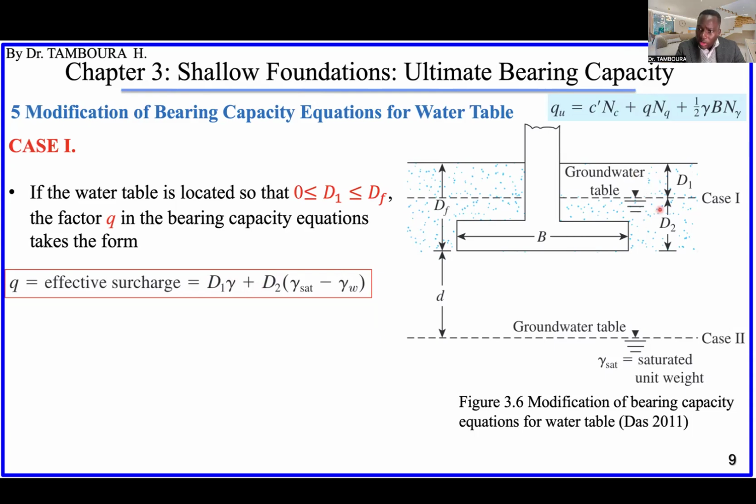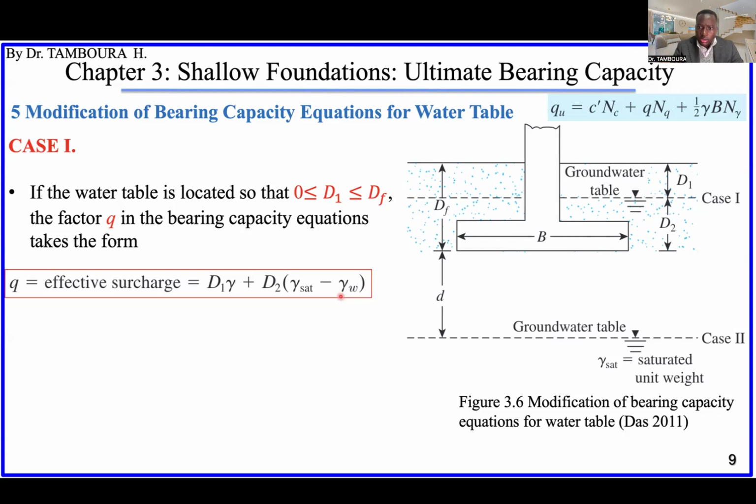Plus now the depth of the part that is saturated, multiplied by gamma sat minus gamma w. Gamma sat is the saturated unit weight of this soil. For example, if here it was maybe 18, here it will be maybe 20. And gamma w, you know already, it's something like 9.8.